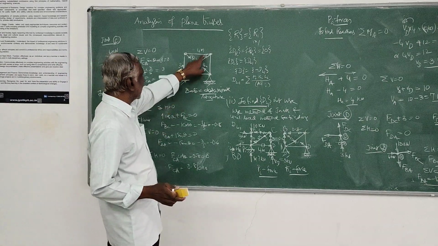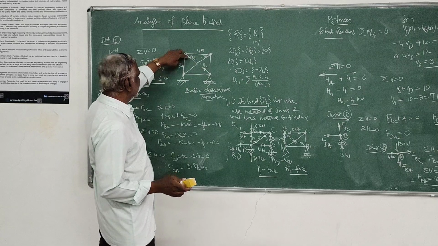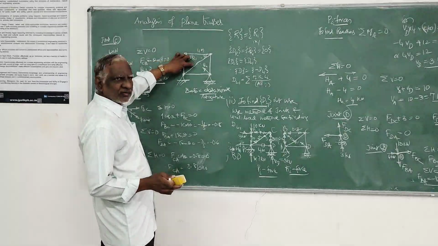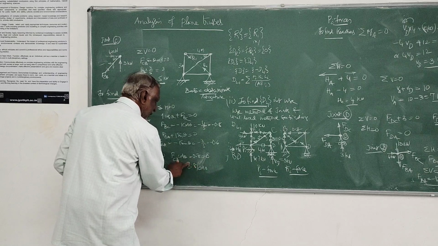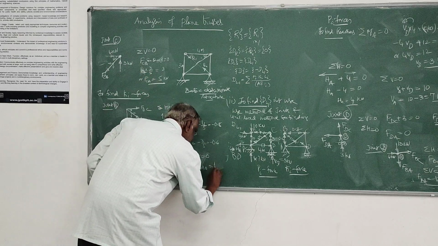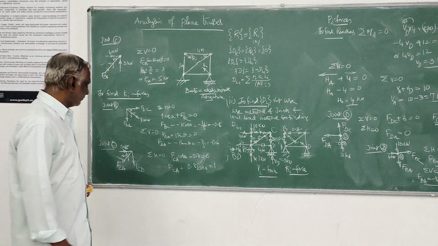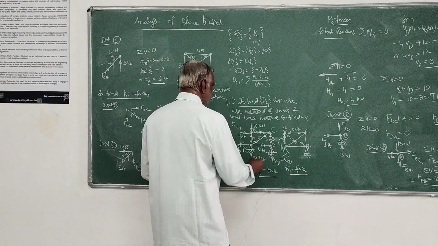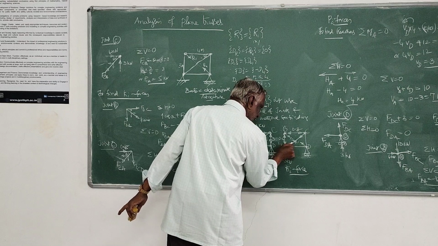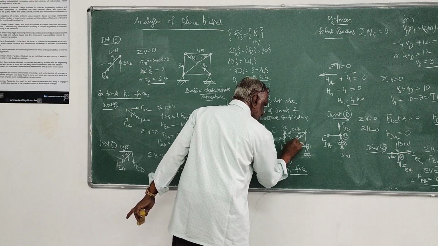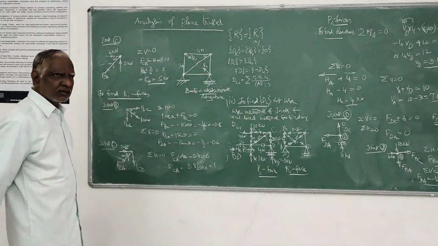Here this is theta I am taking. So cos theta is 4 by 5. It is 0.8. 0.8 by 0.8, it is 1. So this FCA is 1, which means whatever direction I have taken, it is okay.